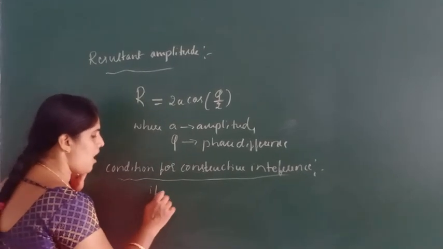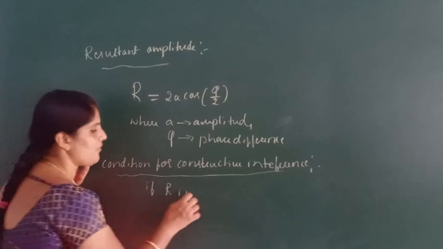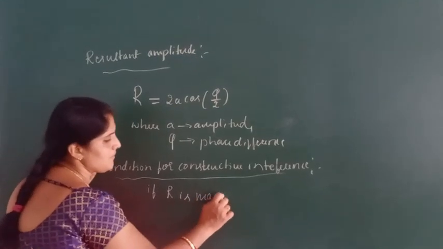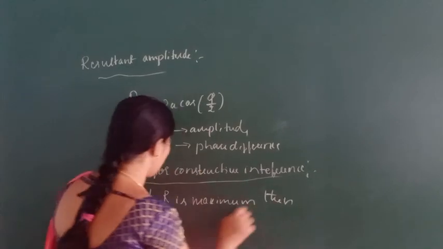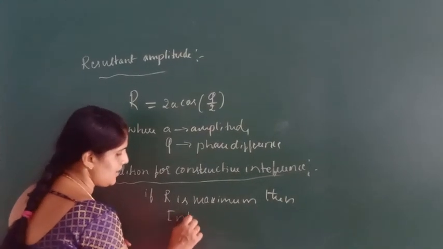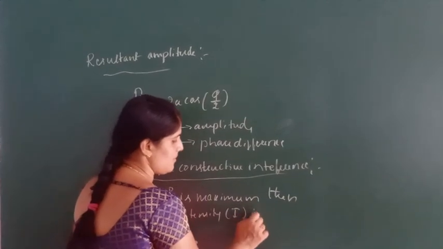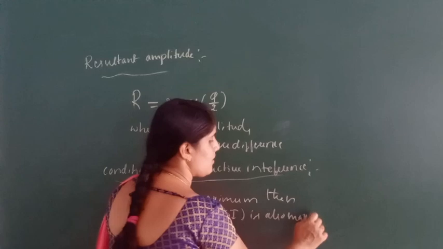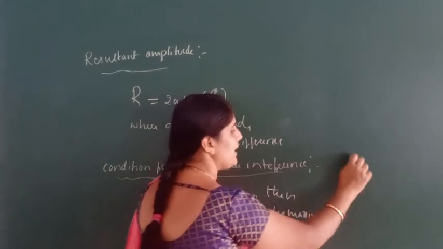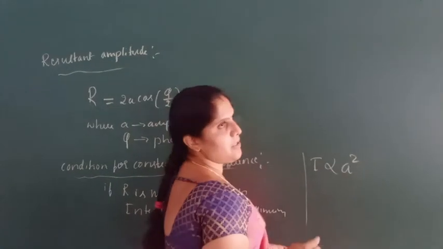If R is maximum, R is the amplitude, then intensity I is also maximum. But we know that intensity is directly proportional to the square of the amplitude.